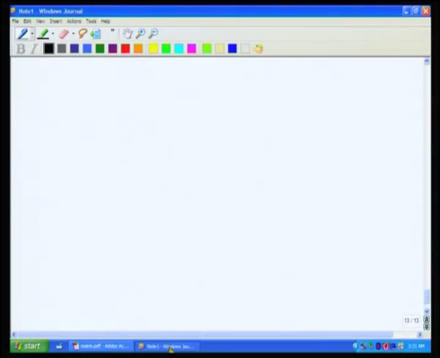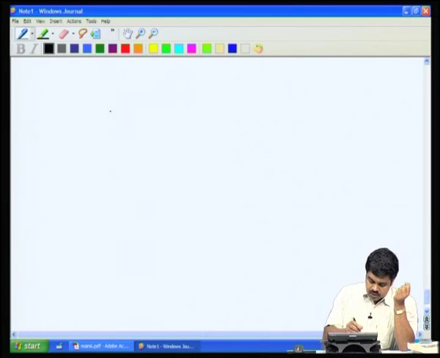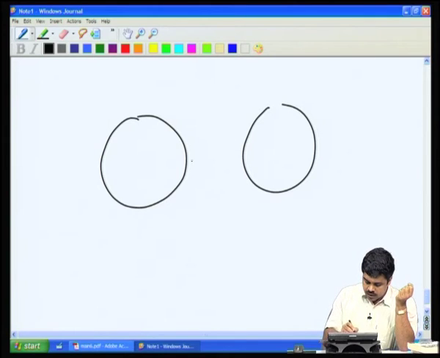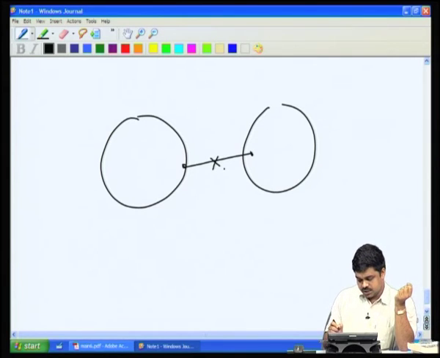So, what does it mean? You consider a graph. A bridge means something like this. For instance, if you remove an edge and the graph gets disconnected, then it is called a bridge.